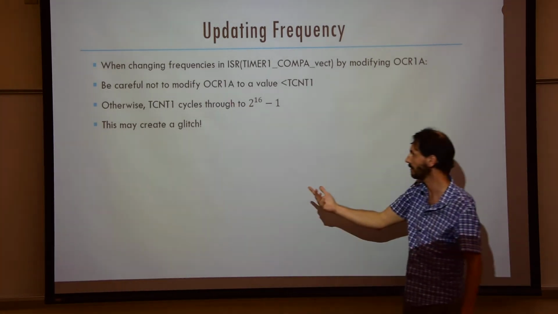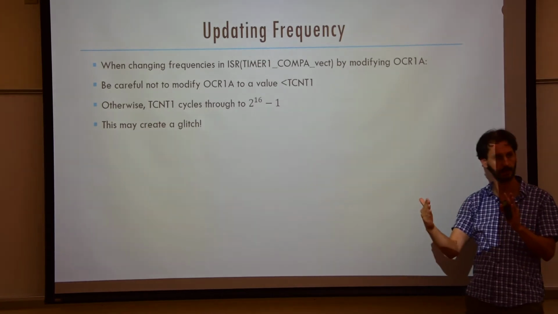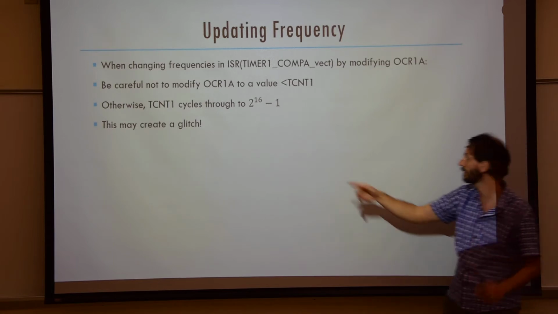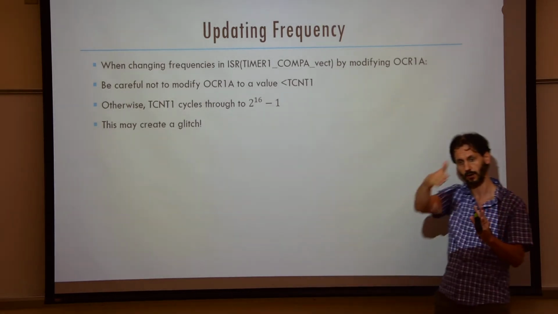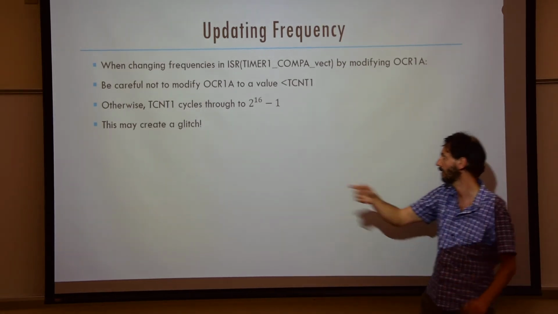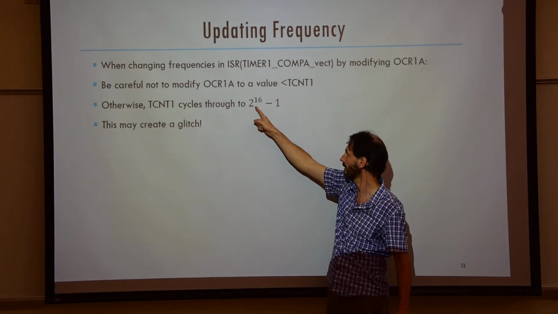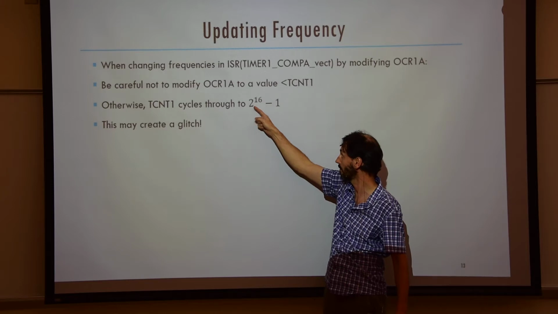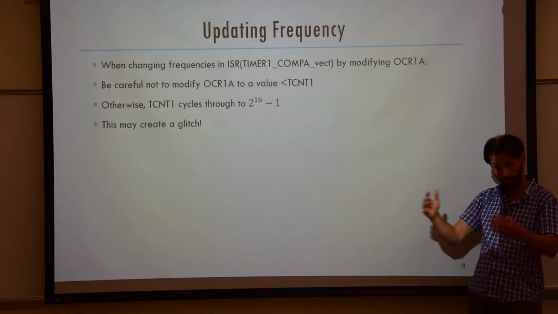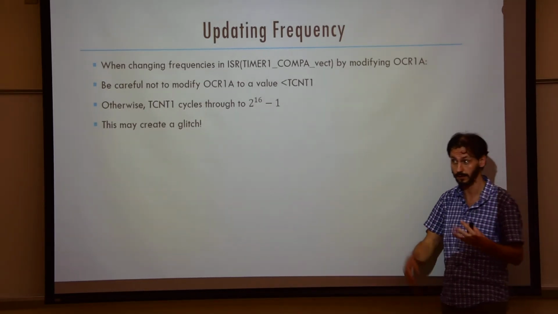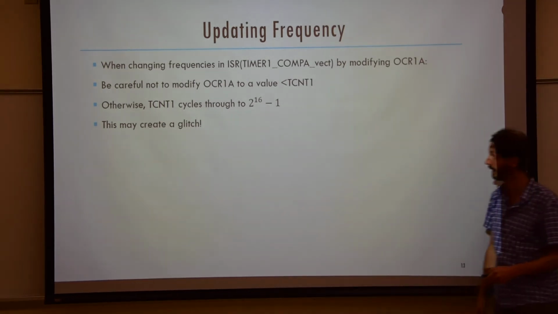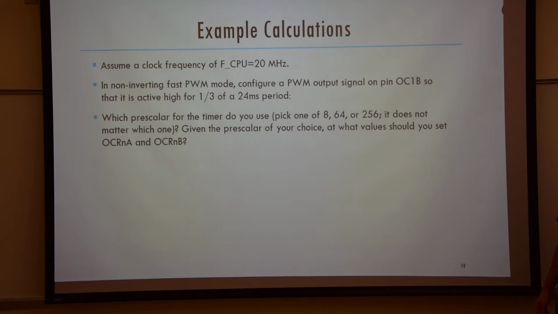So all of a sudden you see a huge time span that you need to wait until the timer goes all the way to the top and comes back down from its maximum possible register value of 2 to the power 16 minus 1. So when you translate it into actual music, it would become a glitch. So you do not like that.